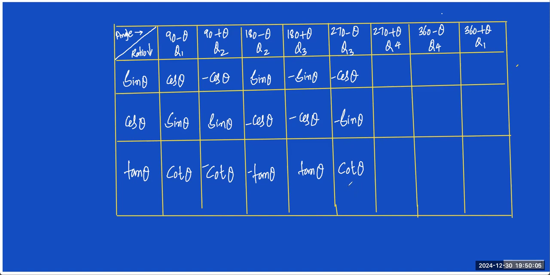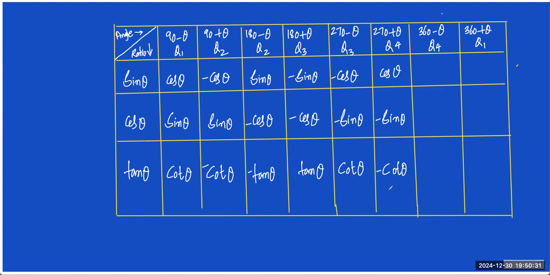Next, if you move to the fourth quadrant, again sine will change to cos, cos will change to sine, and tan will change to cot. In the fourth quadrant, only cosines are positive, so the rest of the values are negative.